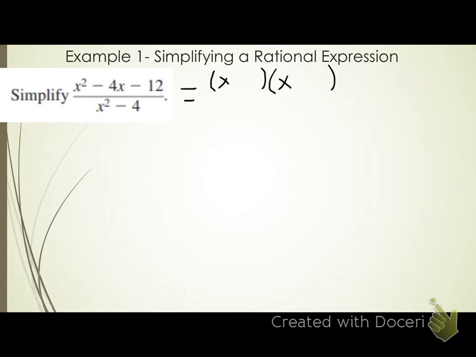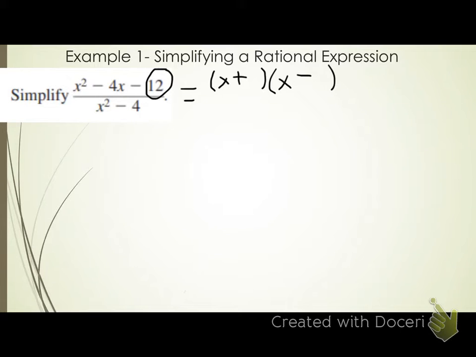One's plus, one's minus. Remember, if the sign in front of your c value is negative, your two signs are going to be plus and minus. If it's positive, then they're going to be the same. You just have to figure out if they're both going to be plus or both going to be minus.